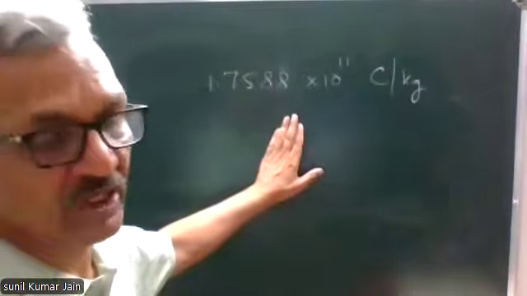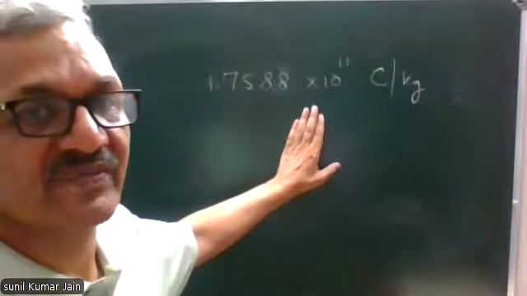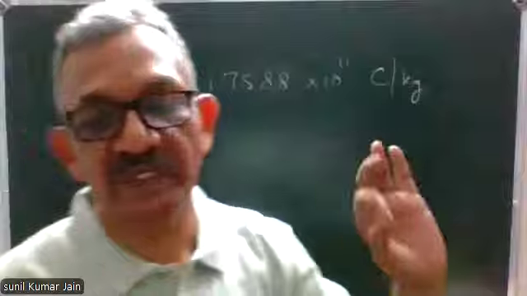I'll repeat, it was found to be 1.7588 into 10^11 coulomb per kg.